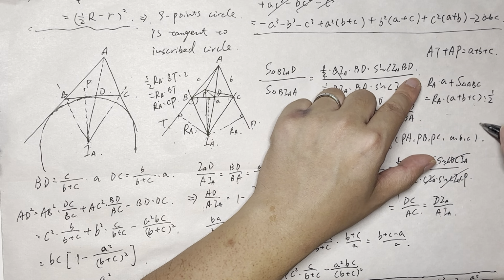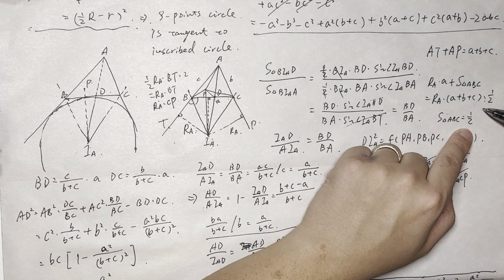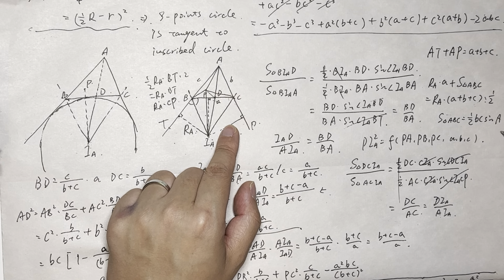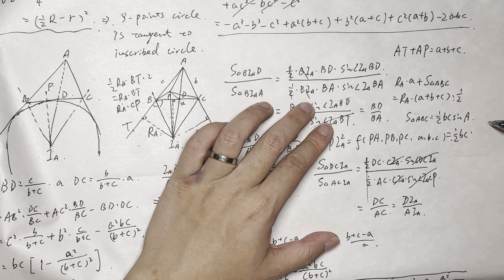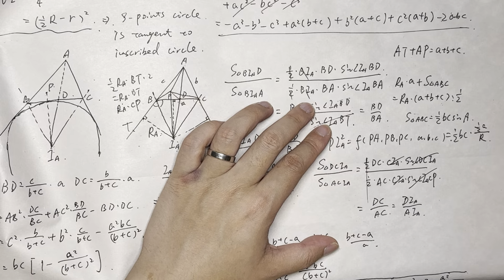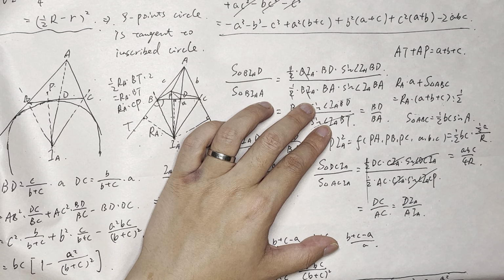We know that the area of ABC equals half of bc sine A, right? And sine A equals half a over 2R, right? So it equals abc over 4R, right?